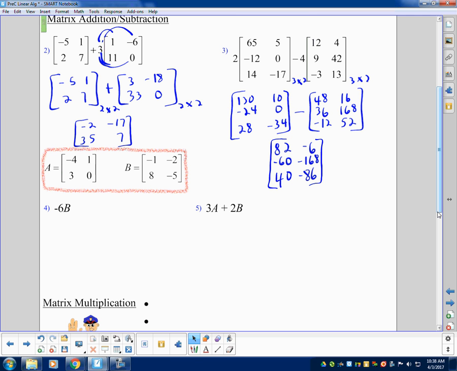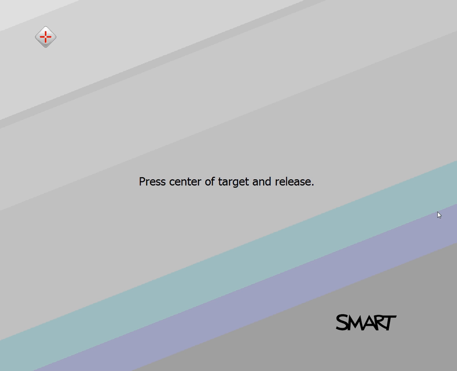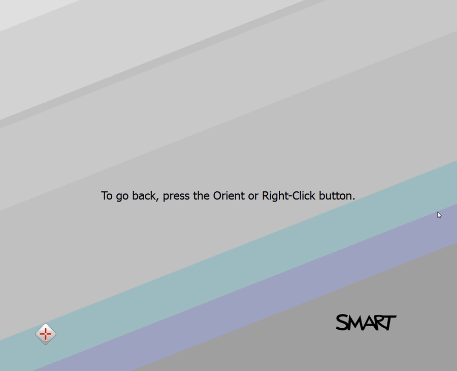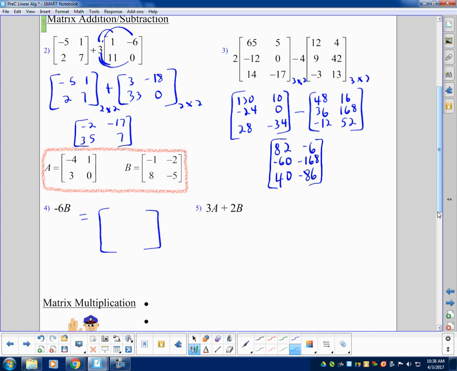So when I say negative 6 times B, what I mean is take negative 6 and multiply it by each element. So I have 6, 12, and then negative 6 times 8 is negative 48, and negative 6 times 5 is negative 30. So you can just multiply the negative 6 by each of those.